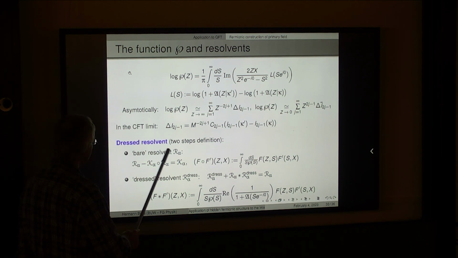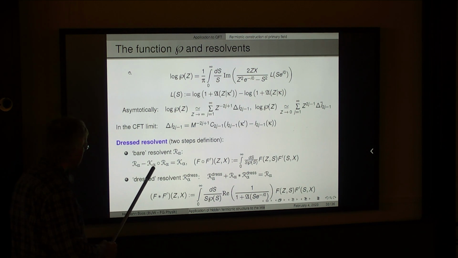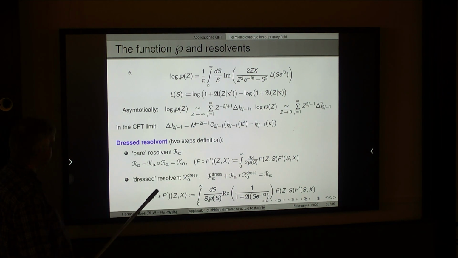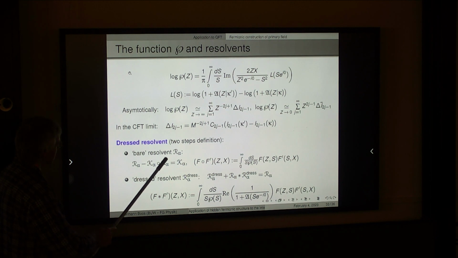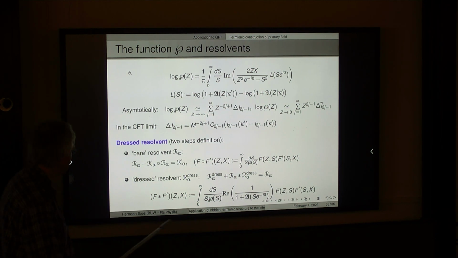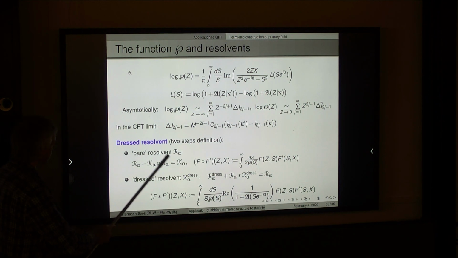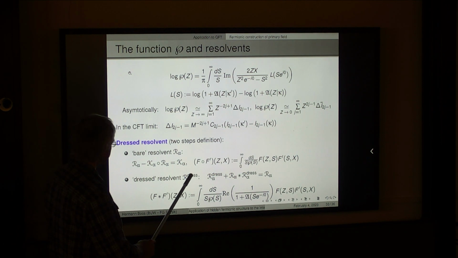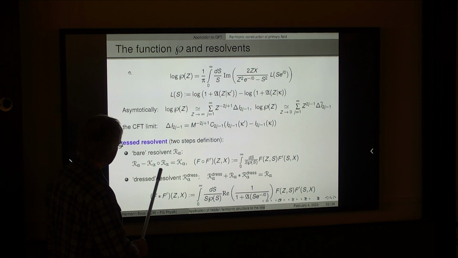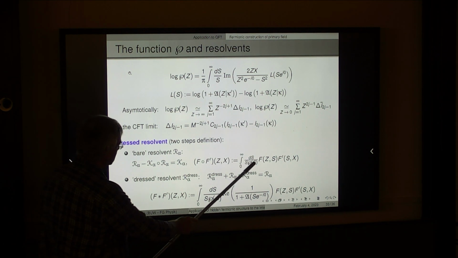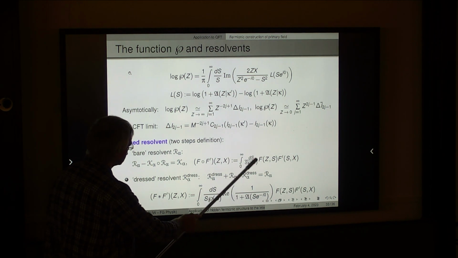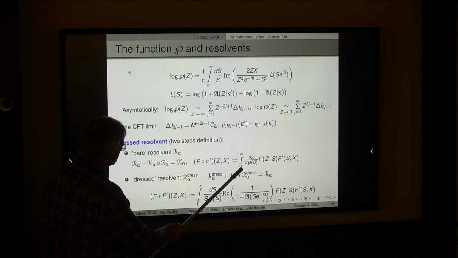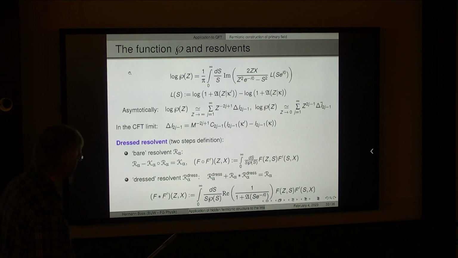So we need the so-called Destri resolvent, and we define it in 2 steps. First we define the B resolvent, which fulfills the following integral equation, and this convolution is given here. So this is an integral with rho in the denominator.